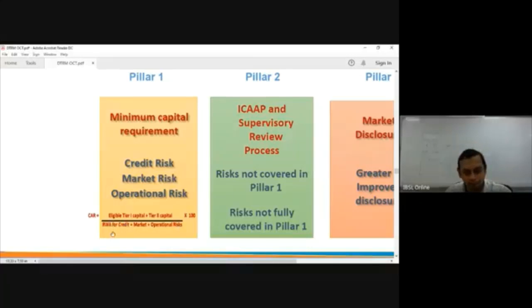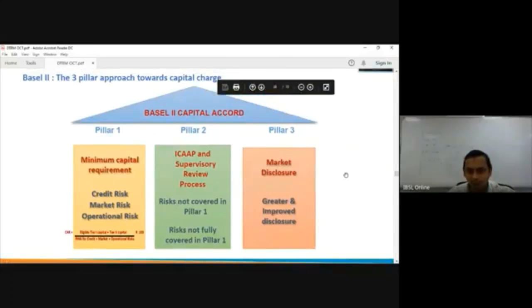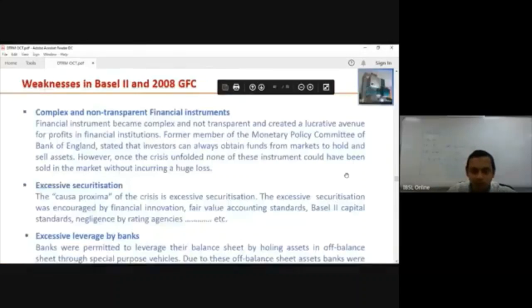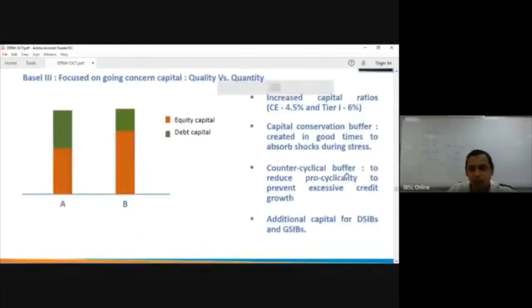Now, in this formula we are comparing the capital with risk-weighted assets, not with the capital charge. So technically, once you have computed the capital charge, we need to convert that capital charge into risk-weighted assets.